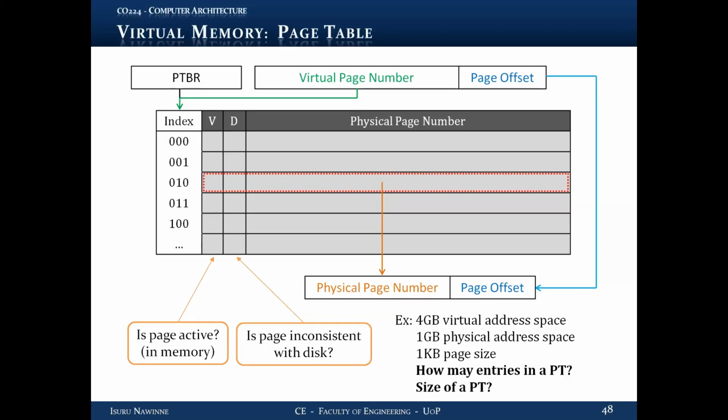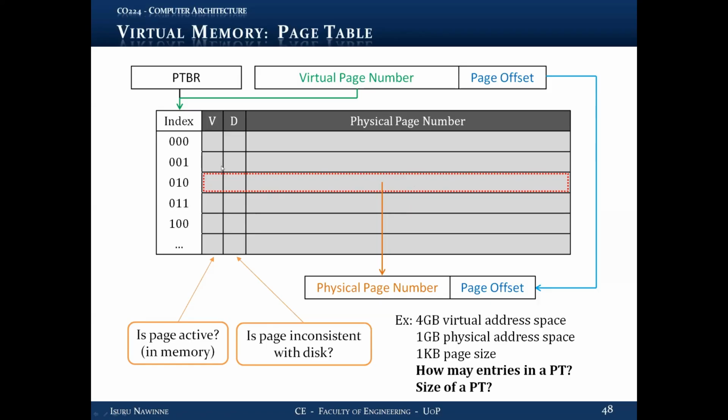So a physical address should contain how many bits? 30. Yes, that is correct. 2 to the power 30 is 1 gigabyte. So the physical address contains 30 bits, and out of that, the offset is 10 bits. So the physical page number is 20 bits, right? So we need 20 bits to store a physical page number in a page table entry.